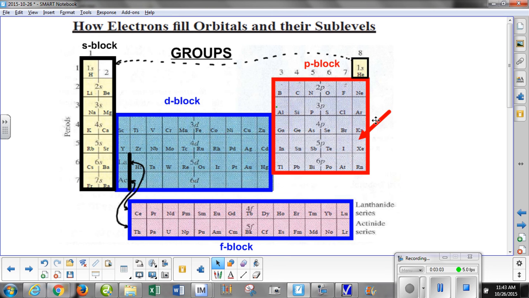If we wanted to do xenon, what would the noble gas be? Krypton, right. So we start with krypton, and then we put in 5s2. That means the 5s sublevel has 2 electrons. Then we do the 4d10 because the 4d has to be full before we get over here to xenon.